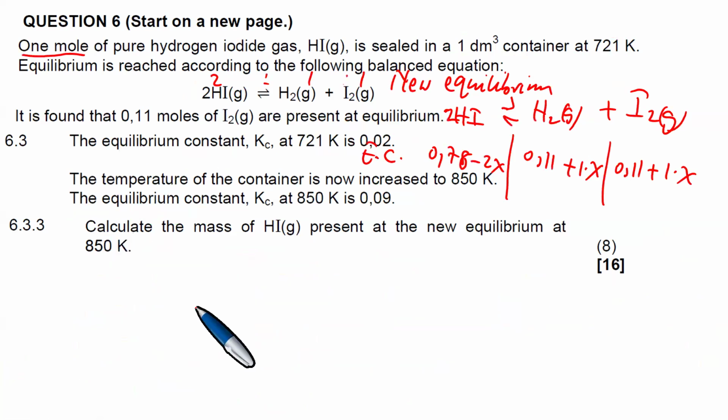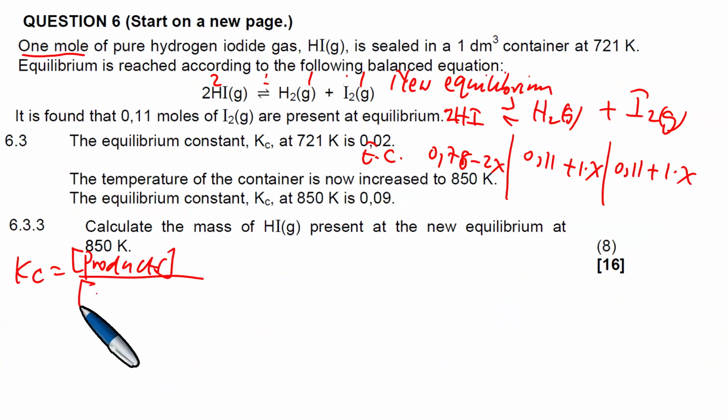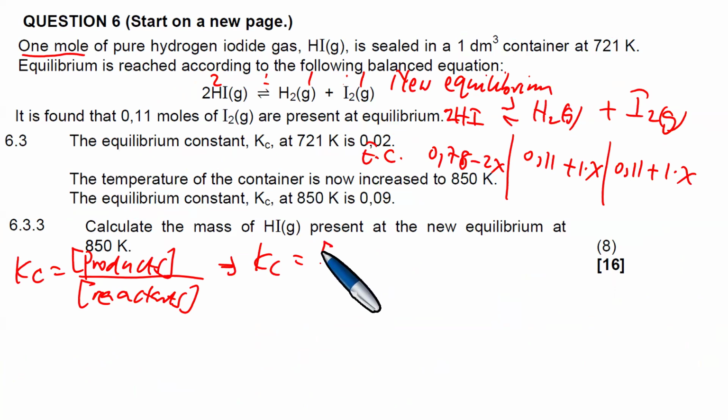All right, now let's do a calculation. We have a Kc, the concentration of the products divided by the reactants. What are the products? The products are these ones, because they increased.